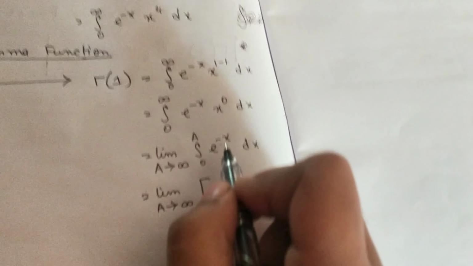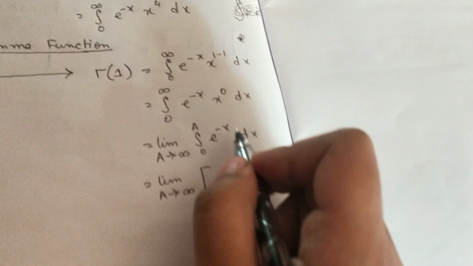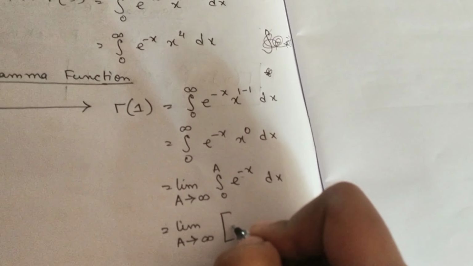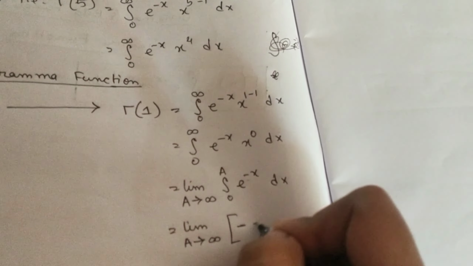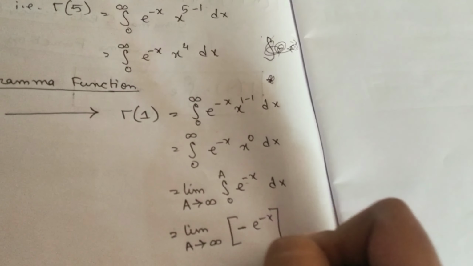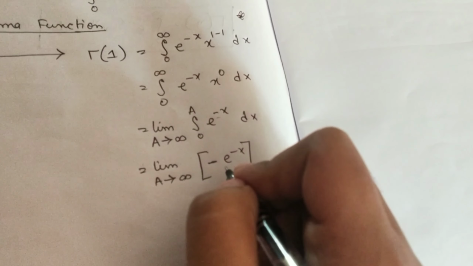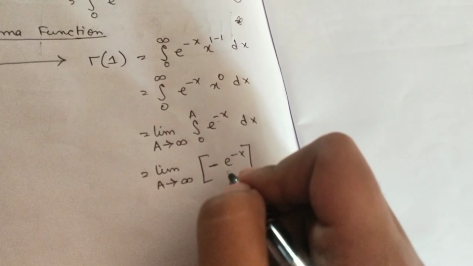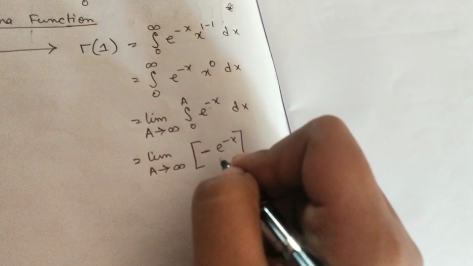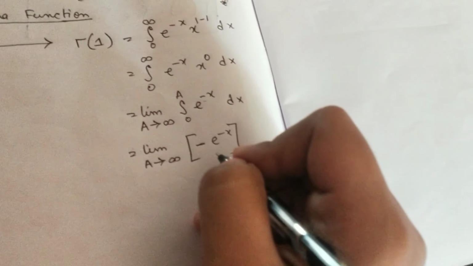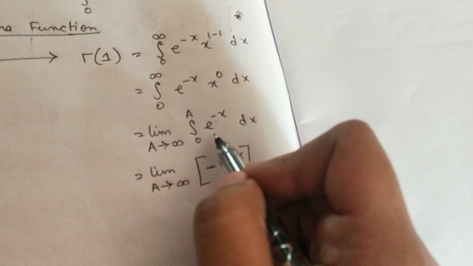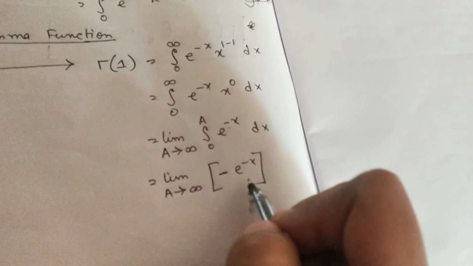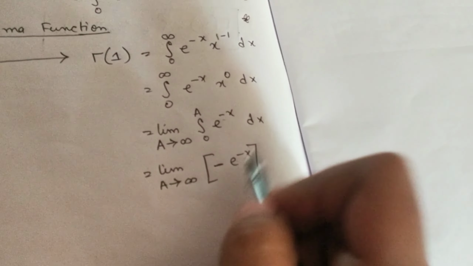Here it is integration e to the power minus x, so here the constant minus 1 we will put, that is minus e to the power minus x. That means if integration e to the power 3x is present, sometimes if a question comes, then the answer will be e to the power 3x by 3, right? Like that only, integration e to the power minus x, the result comes minus e to the power minus x.